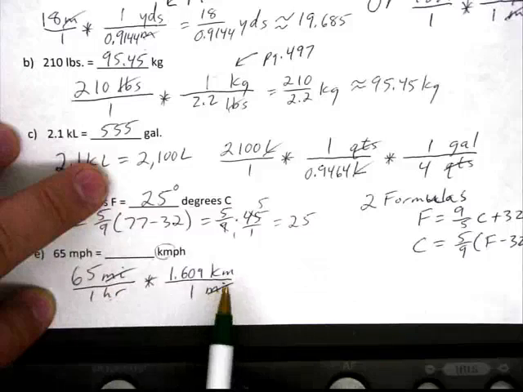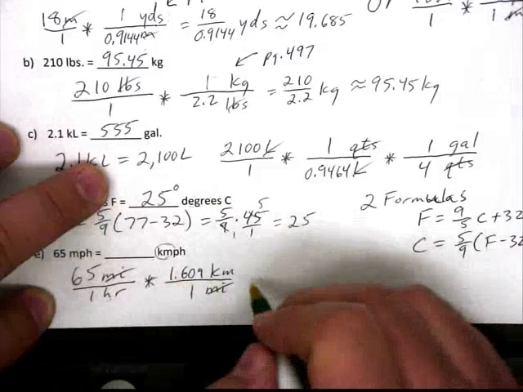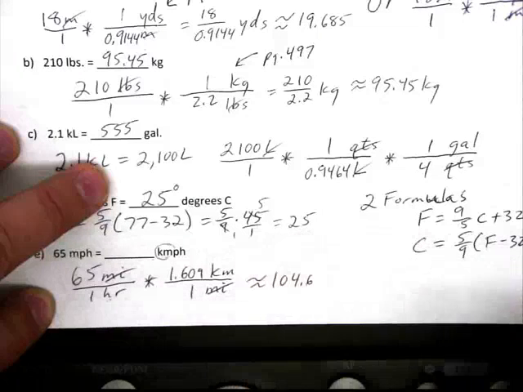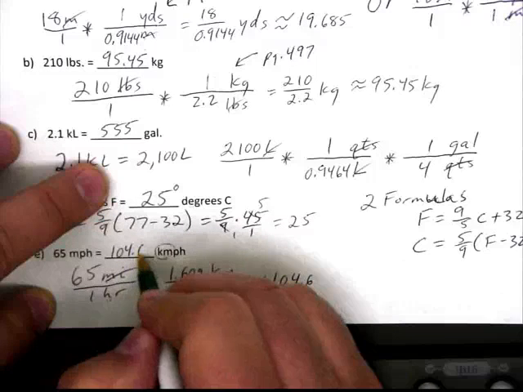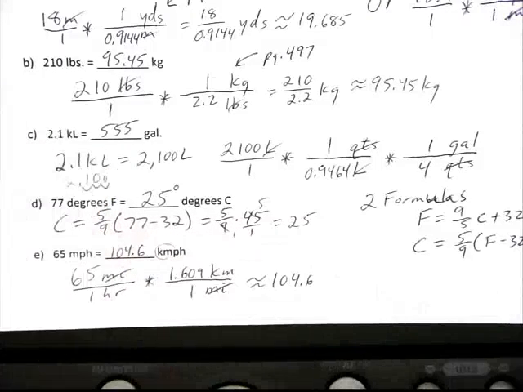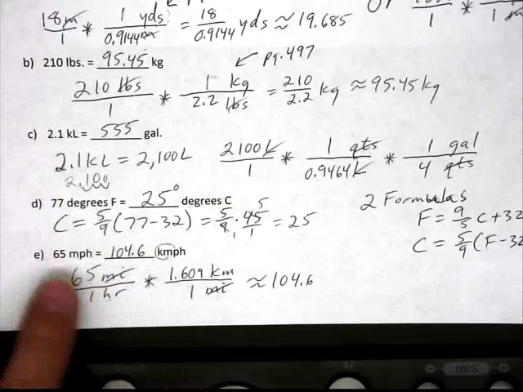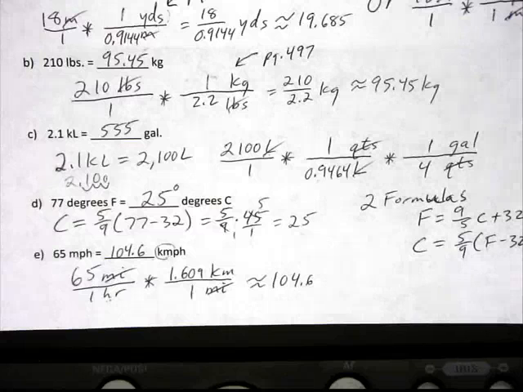And now I've changed my units from miles per hour to kilometers per hour. I'm going to multiply 65 times 1.609, and I'll get about 104.6. So if you're driving along and you've just gone into Mexico and you see that the speed limit is 100 kilometers per hour, you know that's pretty close to the same as what we have here with 65 miles per hour. All right, so hope that helps.